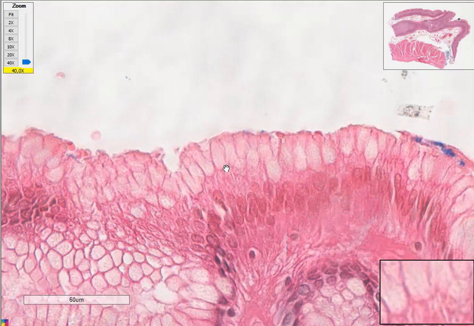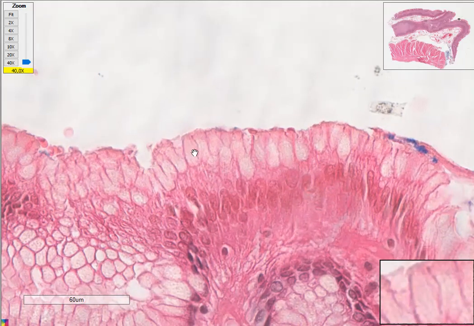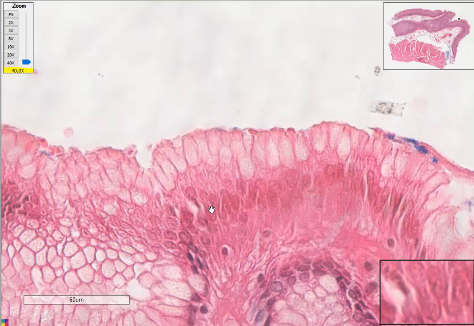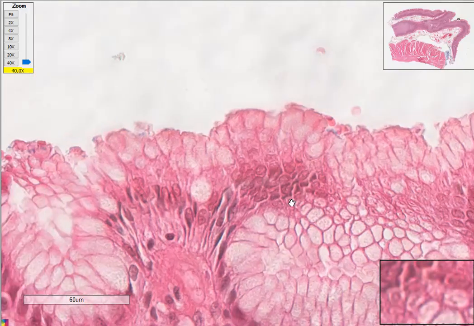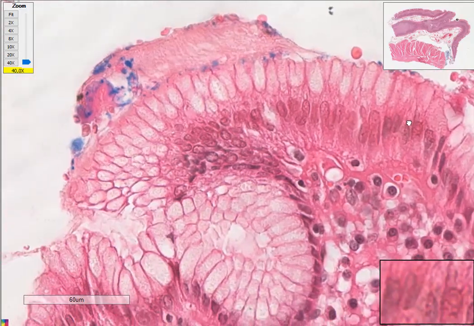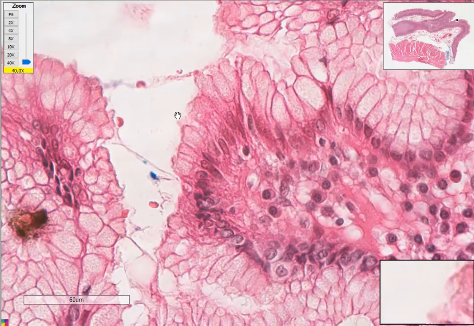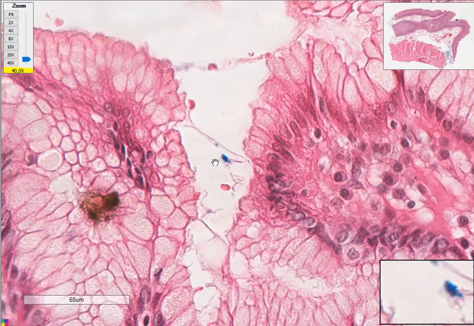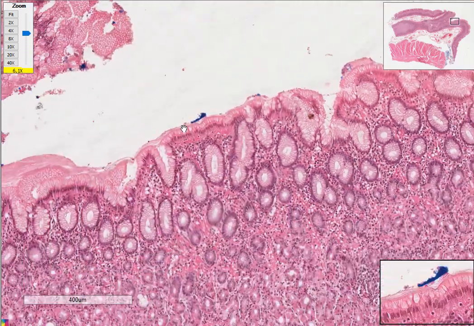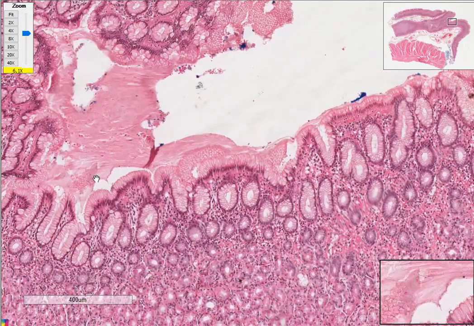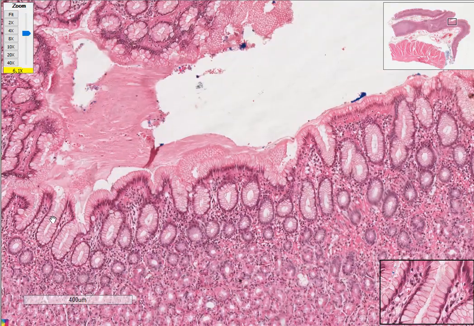In dysplasia, you lose this outline, and sometimes the nucleus can go upwards, but in normal stomach histology, the nucleus is basally located, and this is what we call a foveolar type of epithelium, or gastric foveolar epithelium, with these foveolar pits that we see. Let me zoom out so you can see a pit there, another pit. These are gastric pits.